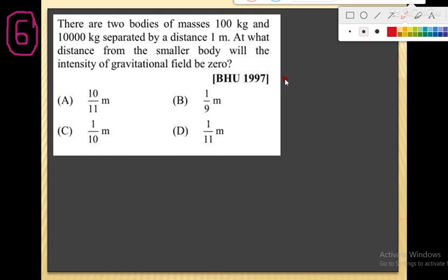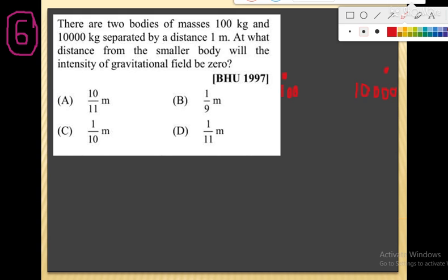And this is the point which is having mass 100 kg, and this is the point which is having the mass 10,000 kg. कितनी जीरो रह गई? Okay, 1 0.